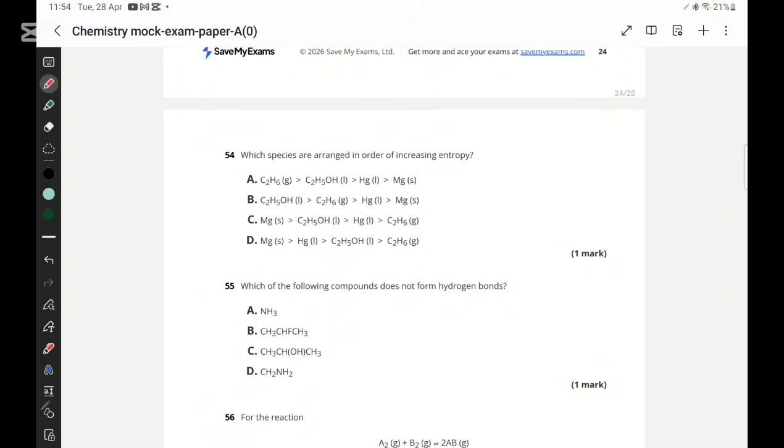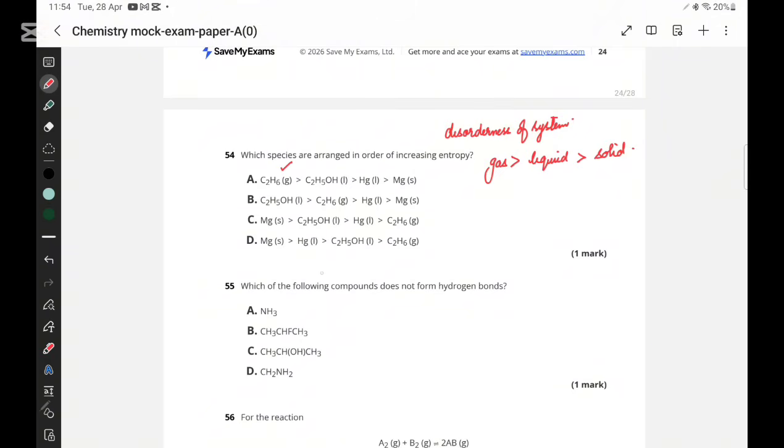Now for the next question, which species are arranged in order of increasing entropy? Entropy means disorderness of the system. So in gas particles we have the greatest entropy because of the greatest disorderness of the system, then liquid, then solids. So gas, then liquid, then solid.